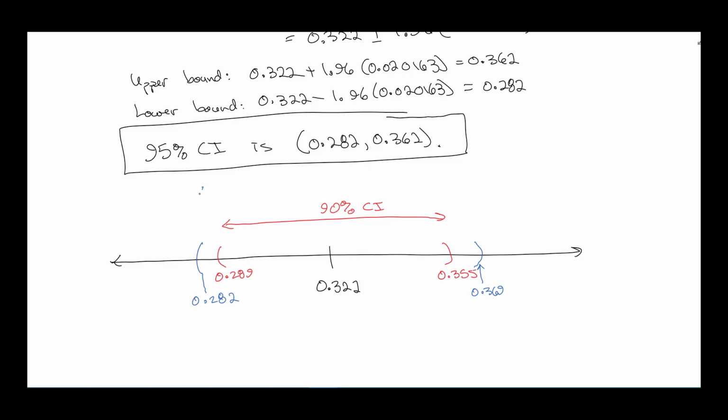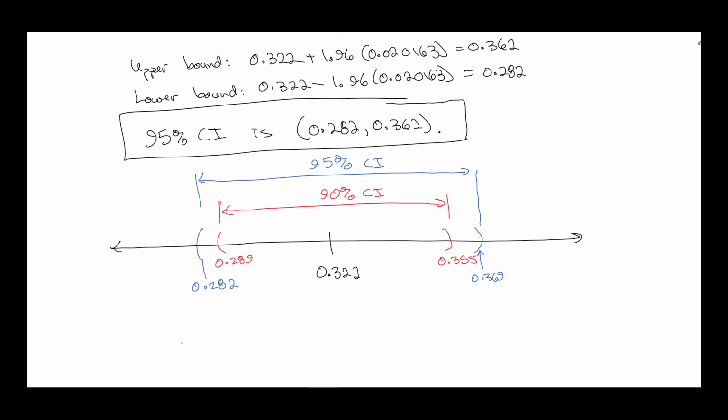And so the distance across these is going to be our 95% confidence interval. Notice which one is bigger. The 95% confidence interval is bigger, and that is definitely always going to be the case. Because as you increase confidence, your certainty, you are going to decrease the precision.